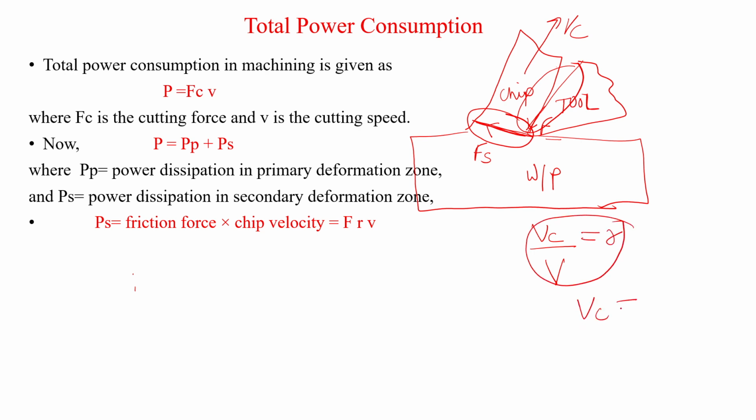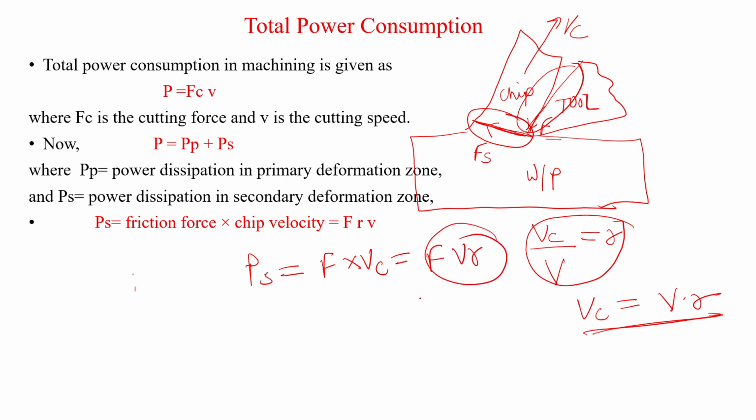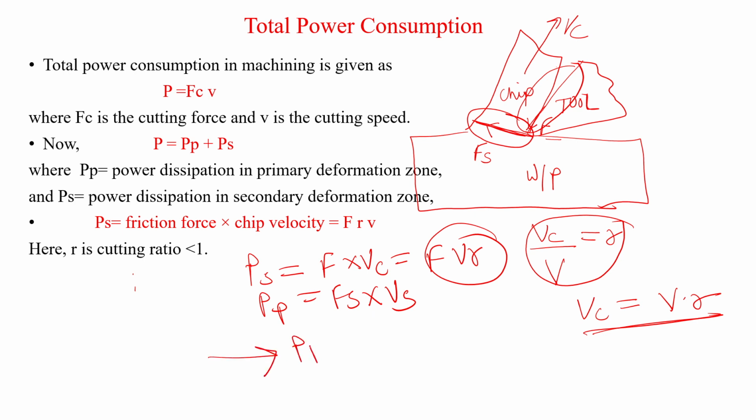Therefore Vc equals V into R. So PS is equal to F into Vc, where Vc is V into R, so PS equals F into V into R. Similarly, you can find PP using Fs into Vs, or simply PP is equal to total power minus PS. Any way you can find.